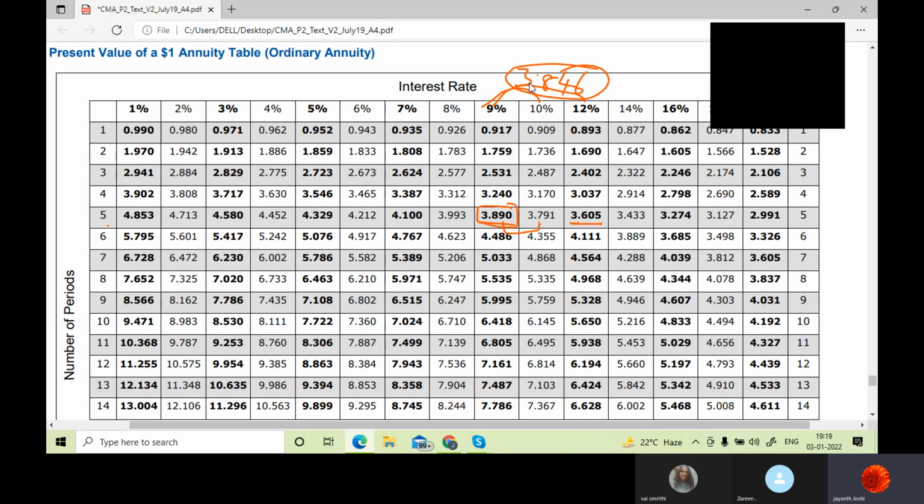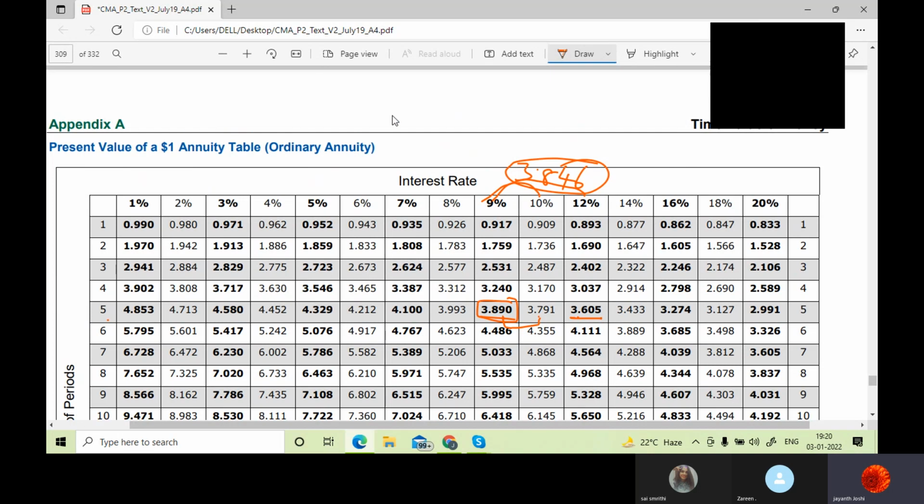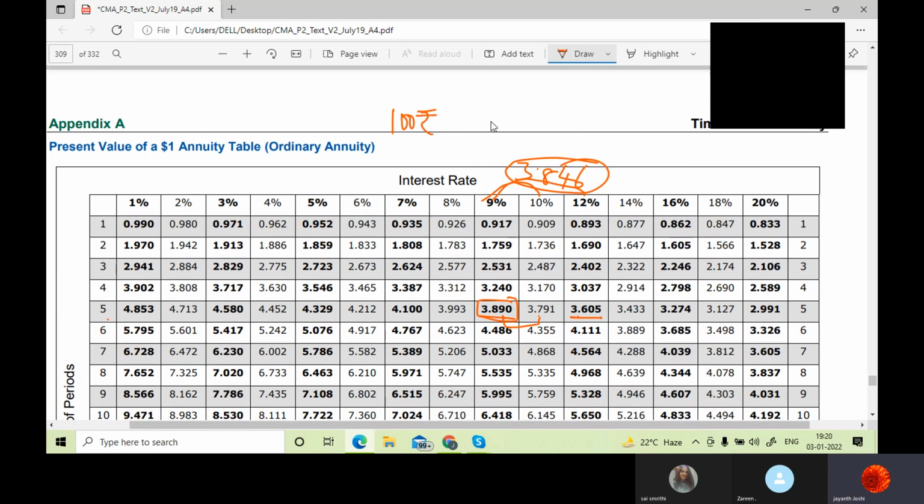So this 3.846, which you have got by dividing the initial investment by the cash inflow, is nothing but a kind of return. See, if I invest 100 rupees and I am getting 10 rupees as a fixed amount every year, I divide 100 by 10, with the project life of say 5 years.